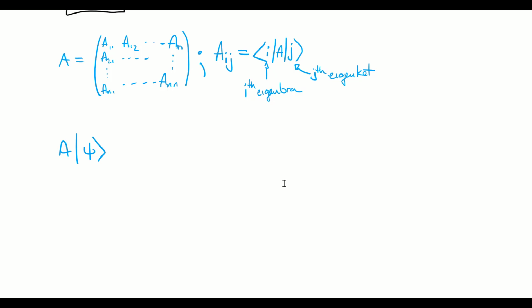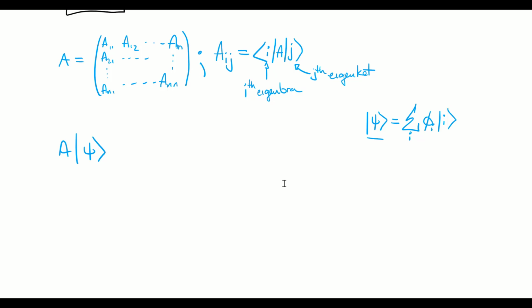Now we can recall that because our eigenbasis forms a basis and is complete, we can write this ket as a linear combination of these coefficients times the eigenkets. We can just write it as a linear combination of our basis states here.